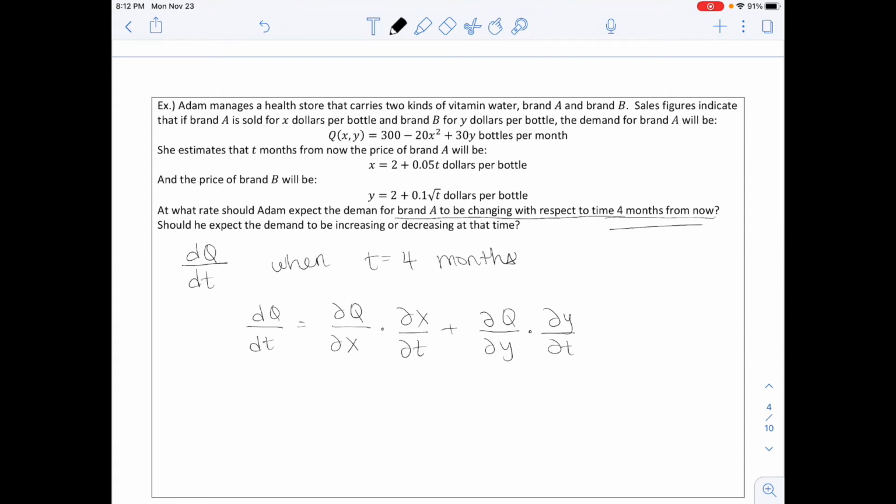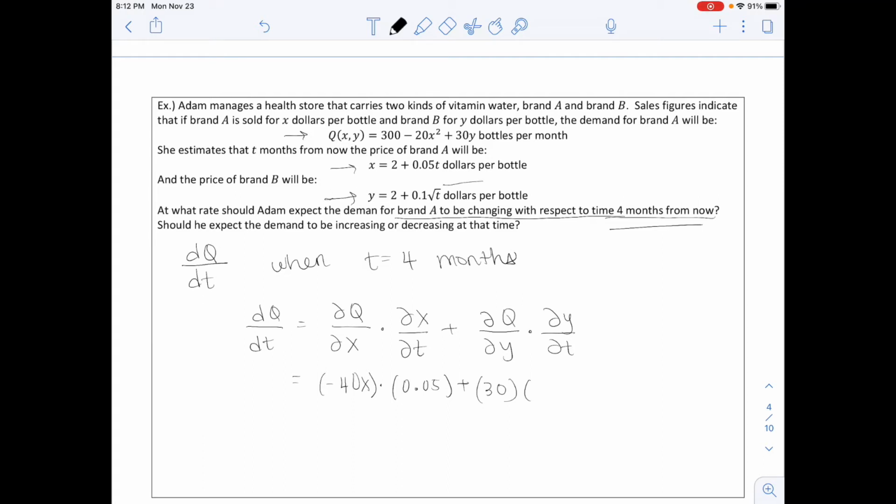So from here, we know that taking the partial derivative of q with respect to x, if you look at your q function up here, is going to be negative 40x times the derivative of x with respect to t, which is going to be 0.05, plus, again, the partial derivative of q with respect to y this time is going to be 30 times the partial of y, which we have down here, with respect to t.